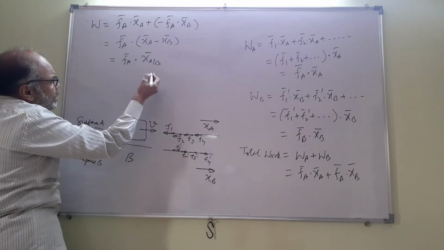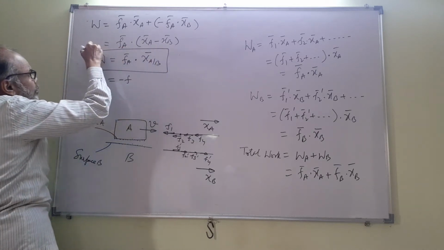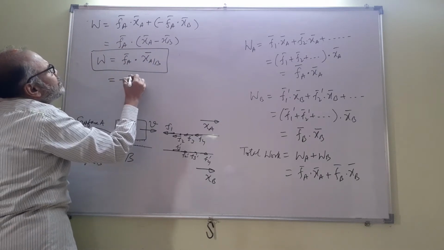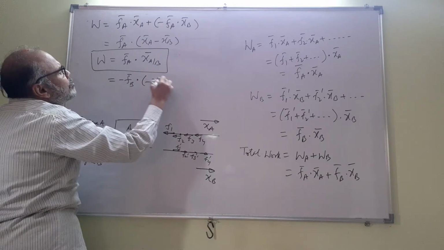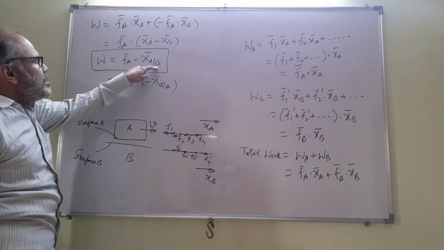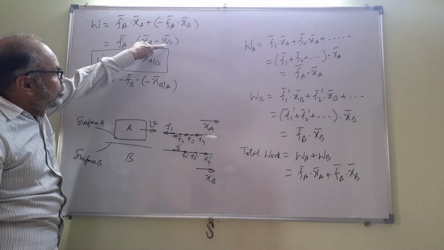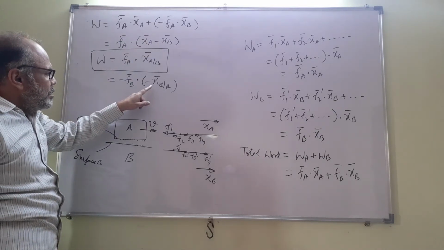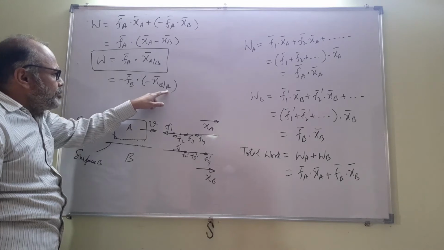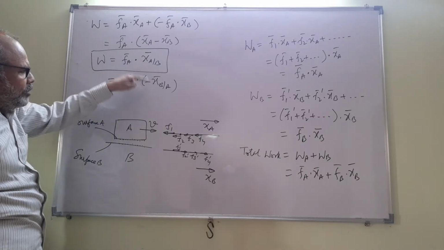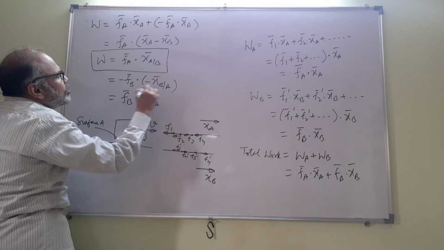Now, this can also be written in another way. If I put FA as minus FB, and XAB can be put as minus XBA, where XAB is the displacement of surface A with respect to surface B, and XBA is the displacement of B with respect to A. These two will be equal and opposite. So this gives you FB dot XBA.